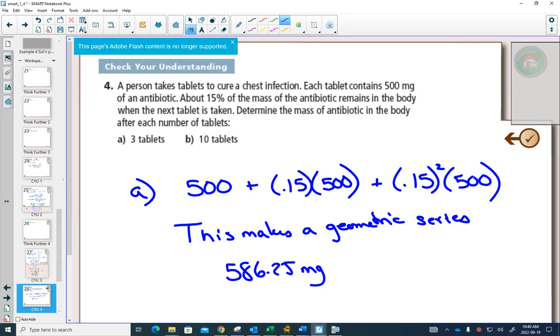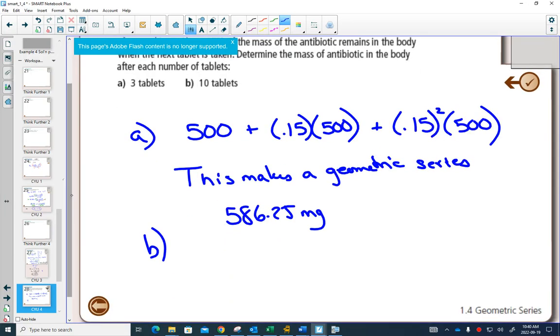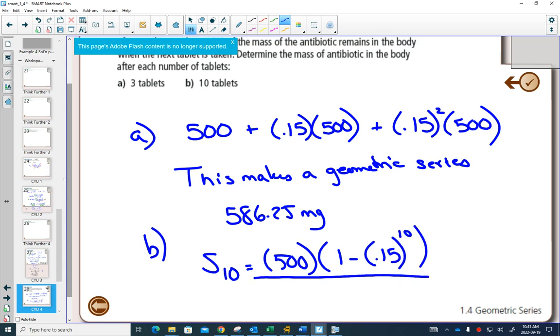If you went to 10 tablets, now you might want to go to your formula. This is 1 tablet, 2 tablets, 3 tablets, so the sum of the first 10. Do I know term 1? Yes, 500. Do I know r? I am multiplying by 0.15 each time, to the exponent of 10, over 1 minus 0.15.